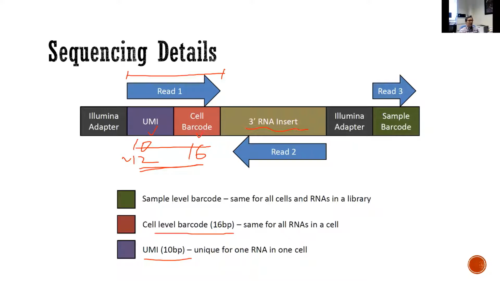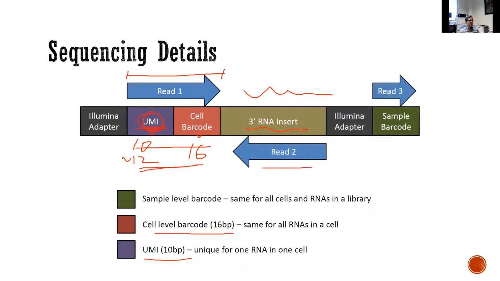Cell barcode will tell you which cell the rest of the sequence comes from, and UMI will tell you which gene, whether there's a PCR replicate or not. If you have the same UMI, you will merge them into one because there has to be unique.